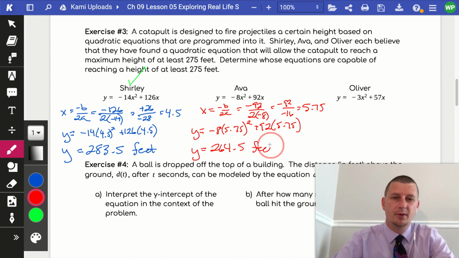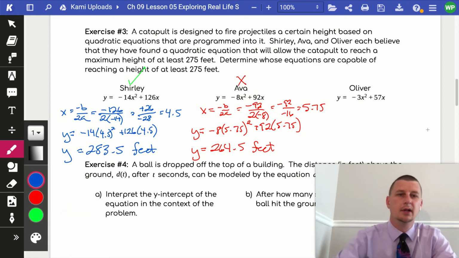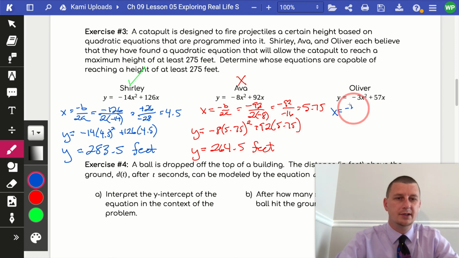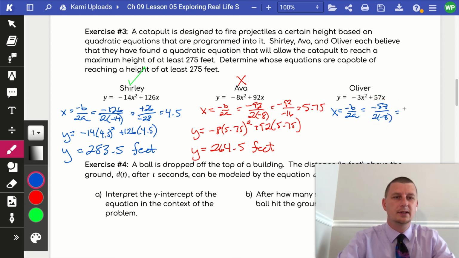And 264.5 feet is not at least 275 feet, so Ava's equation is not going to work. Which brings us to our final equation, which is Oliver's, and we're going to do that same thing one more time. We're going to use our axis of symmetry formula to start, which is negative b divided by 2a. We're going to have negative 57 divided by 2 times negative 3. That's going to be negative 57 divided by negative 6.